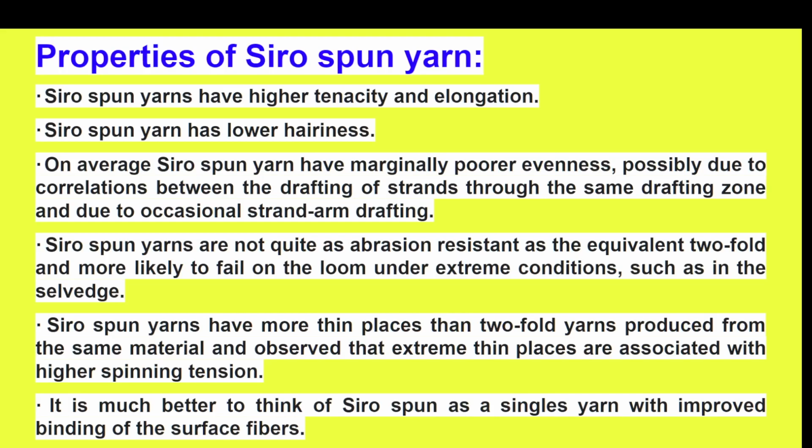On average, Siro spun yarn has marginally poorer evenness, possibly due to correlation between the drafting of strands through the same drafting zone and due to occasional strand drafting. Siro spun yarns are not quite as abrasion resistant as the equivalent two-fold and more likely to fail on the loom under extreme conditions such as in the selvages.